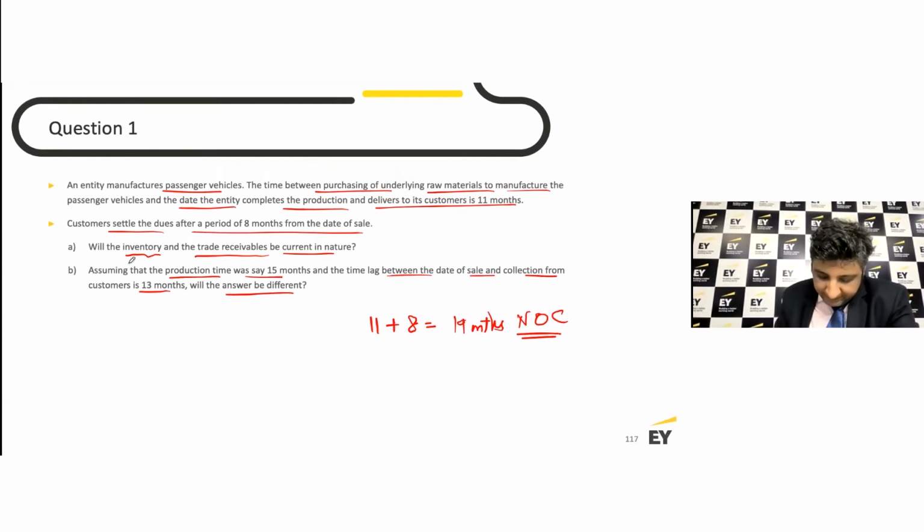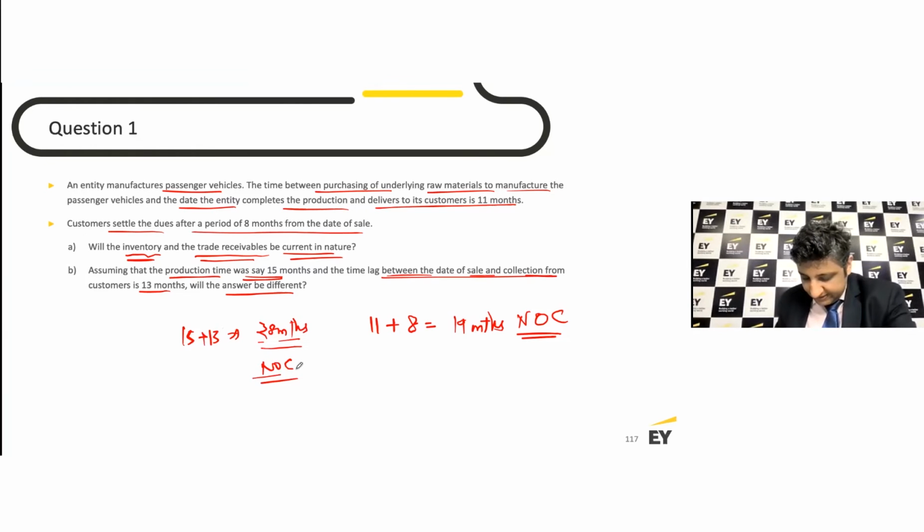So both my inventory and trade receivables would automatically become current in nature straight away, right? And further, if this changes, and the production time is 15 months and it takes another 13 months, which makes it 28 months, the statement doesn't change because the normal operating cycle has now increased from 19 months to 28 months.